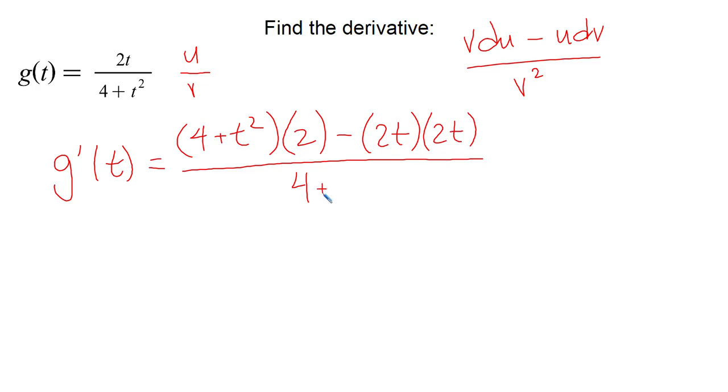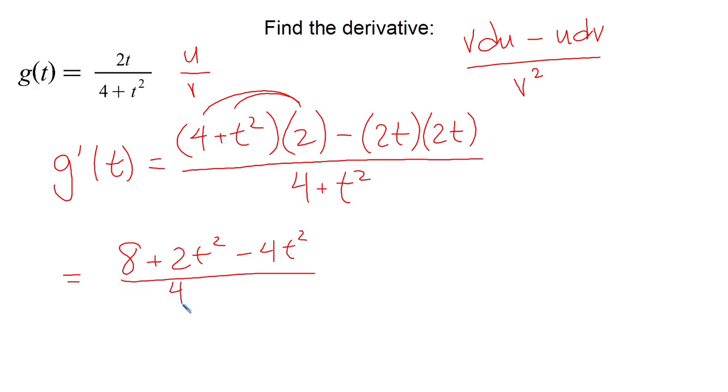We'll divide that all by 4 plus t squared, and then we will simplify down. So in our numerator, 4 times 2 is 8. And we distribute, and then t squared times 2 is 2t squared. And then minus 2t times 2t would be 4t squared all over 4 plus t squared.